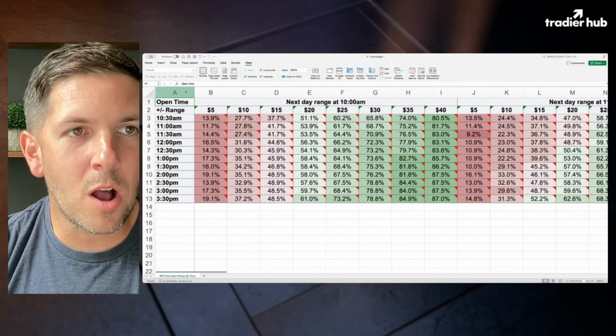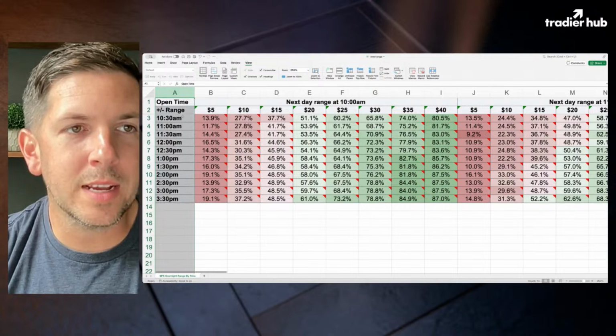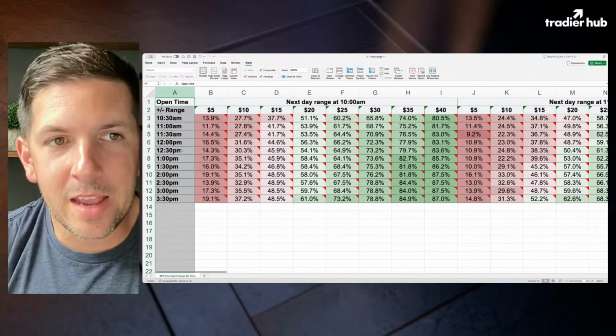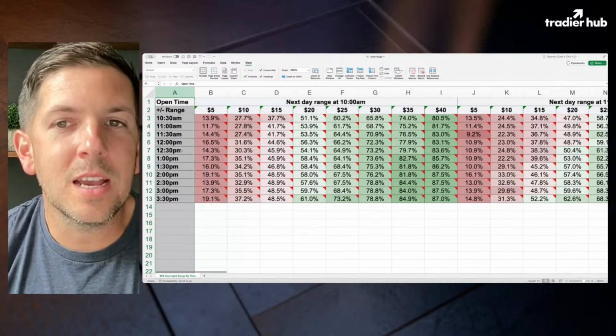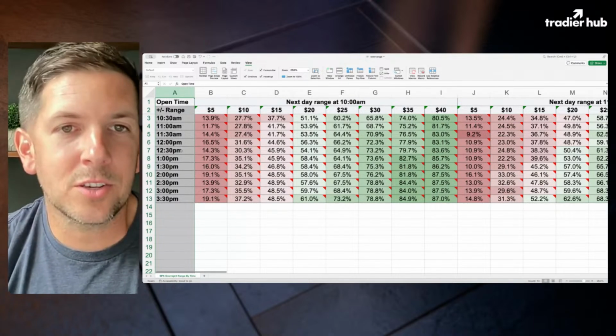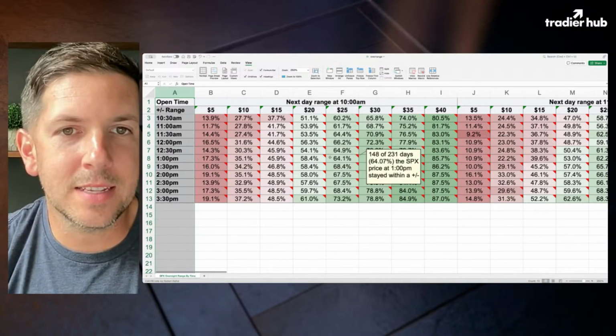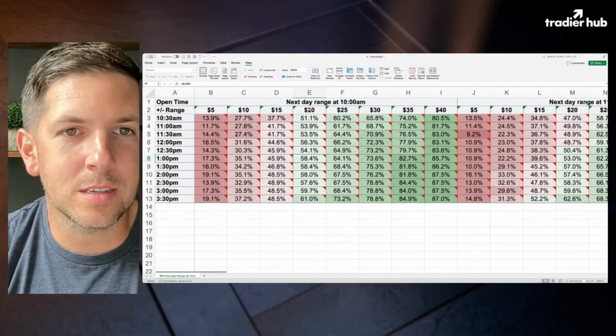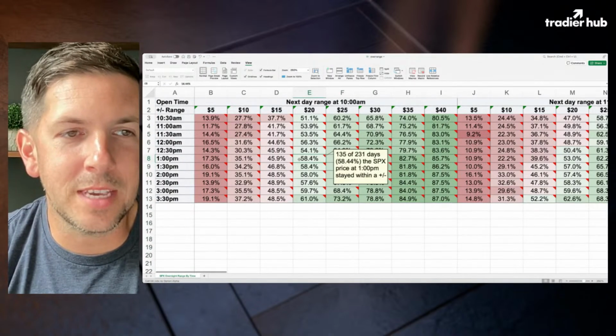So this column here, this is the opening time. So this would be if you open a position today, then what would the data be the next day at a certain time? So if I looked at, let's say, this one right here, let me just highlight this one here. This is, for those of you who are following along, cell E8.